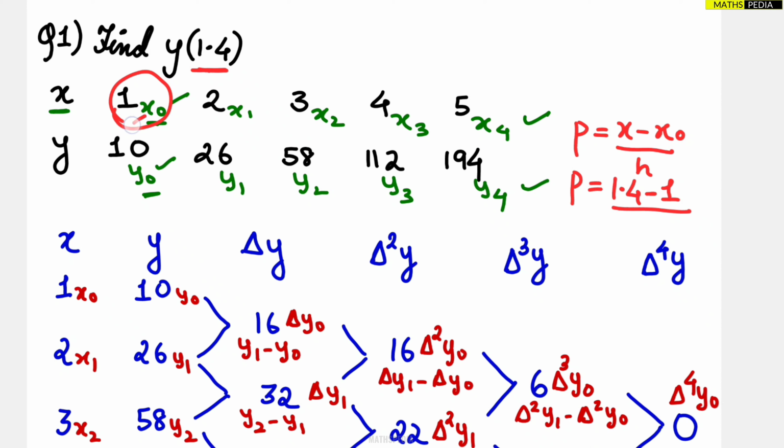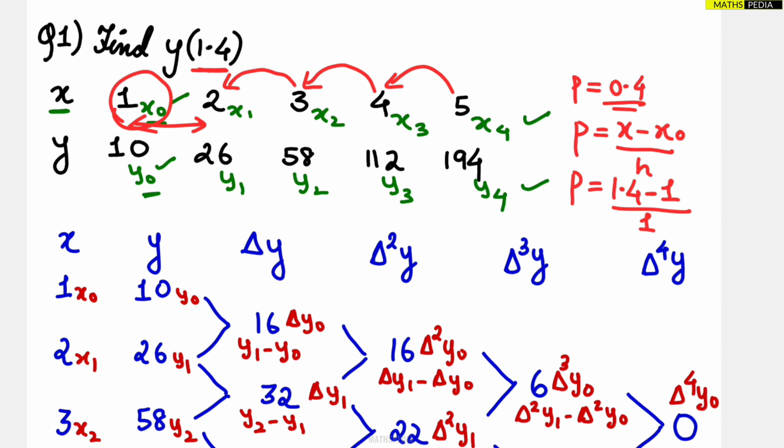The difference between 2 and 1 is 1. 3 minus 2, 4 minus 3, 5 minus 4, all will be the same. Second minus first, third minus second, like that. So 1.4 minus 1 divided by 1 is 0.4. So we have got the p value as 0.4.